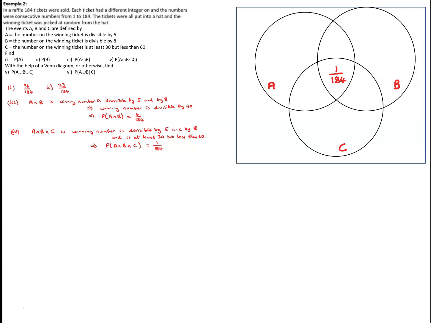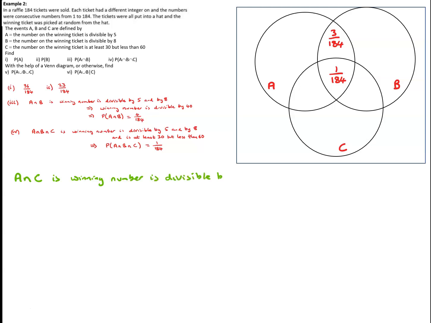So we can now put 3/184ths into the part of the diagram representing the part of A intersect B that does not include A intersect B intersect C. So 3/184ths goes in there.